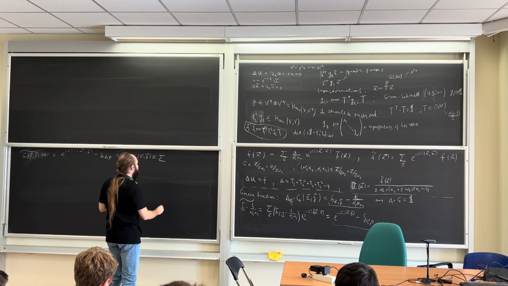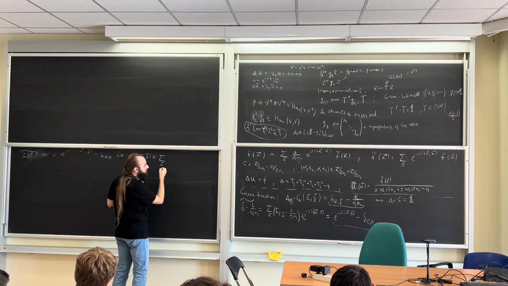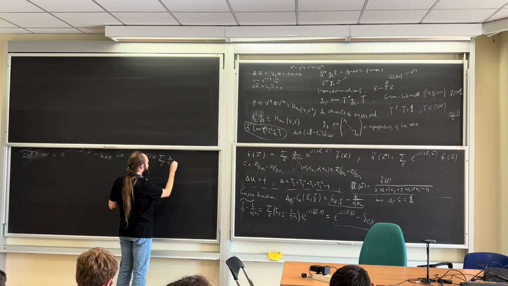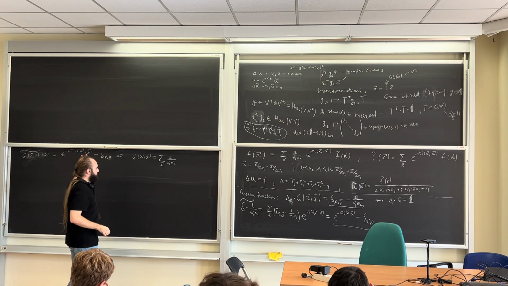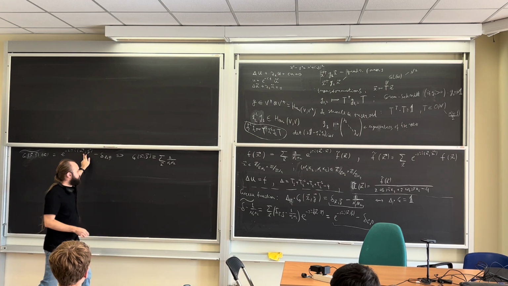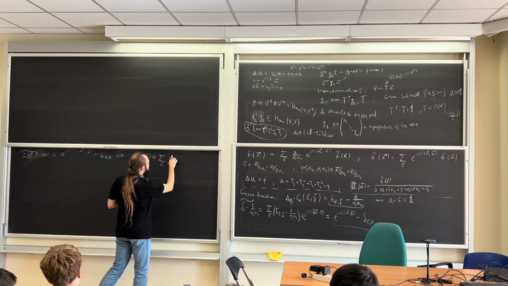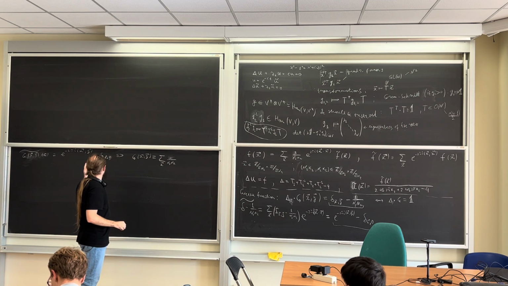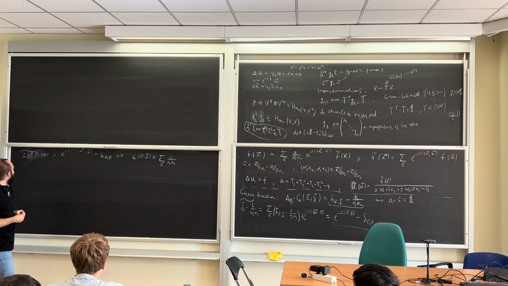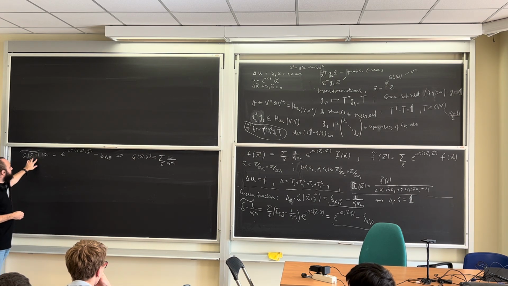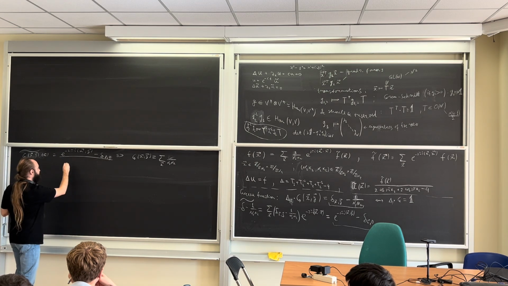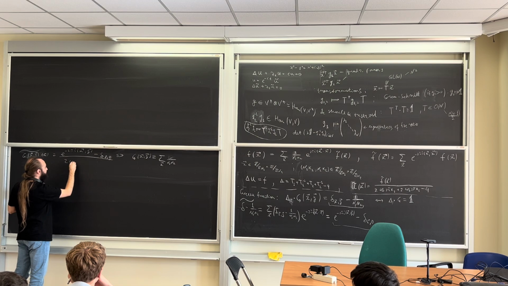sum over k of 1 over n1 n2. And now let us combine these two exponentials, the one in the definition of the Fourier transform and this expansion. Sorry, I forgot to divide by the most essential part.